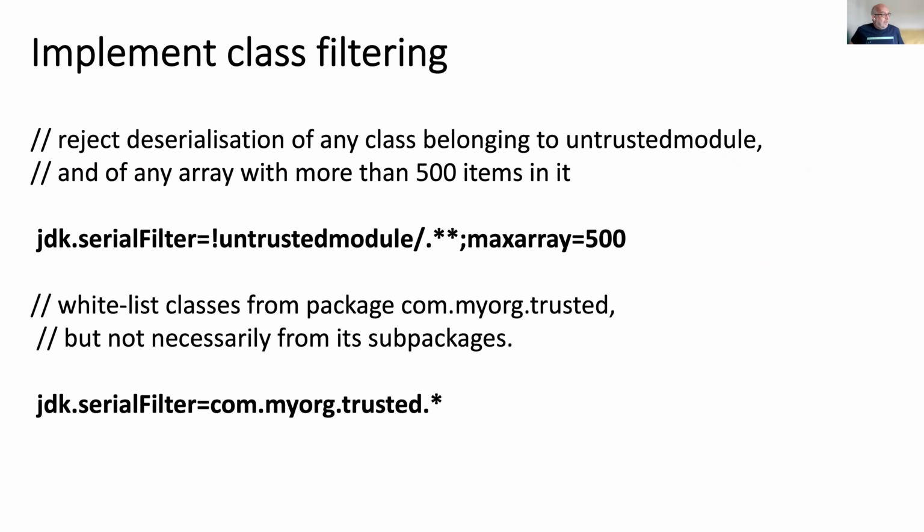Now, there are tools within the SDK, within the JDK, to help you limit the risk. There are things like properties that you can set for whitelisting and blacklisting, the ability to say what the size of an array might be, so you can prevent denial of service attacks, but it's all very crude.